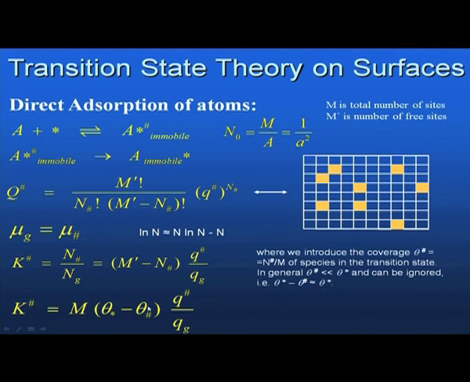So later on we will approximate this to simple theta star, because this is very small in comparison to this state. This is your activated state and this is your adsorbed state.